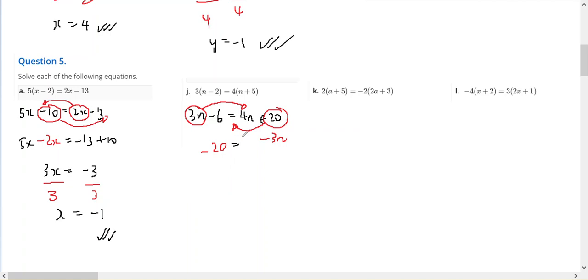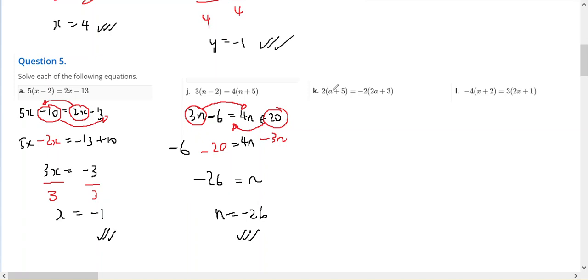So I'm going to have 4n minus 3n on the right-hand side and -6 minus 20 on the left-hand side. The -6 was on the left-hand side, it's still on the left-hand side, so it's still -6. So -26 equals n, n equals -26.